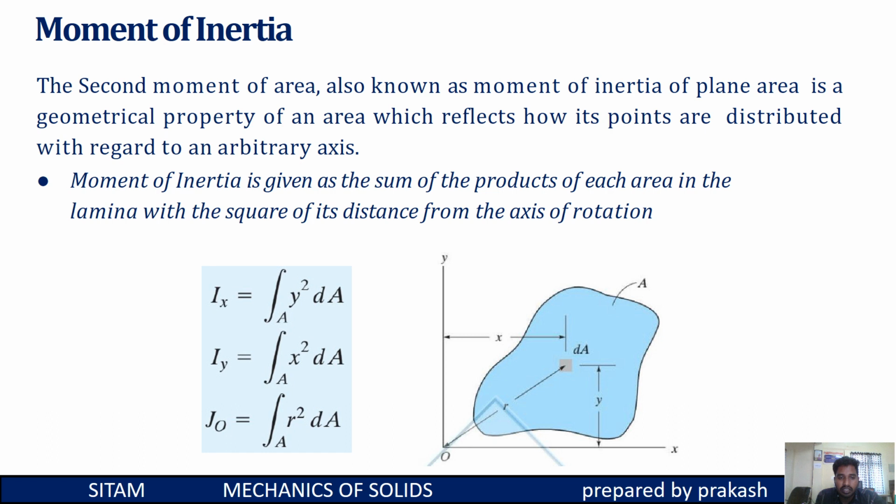So here I am considering one area, and in that area I am considering a small element or strip called dA. It is located at a distance x in the x direction, at a distance y in the y direction, and at a distance r from the origin.